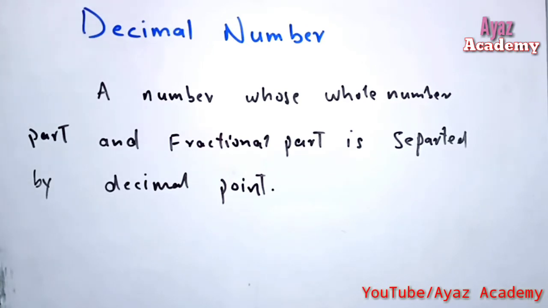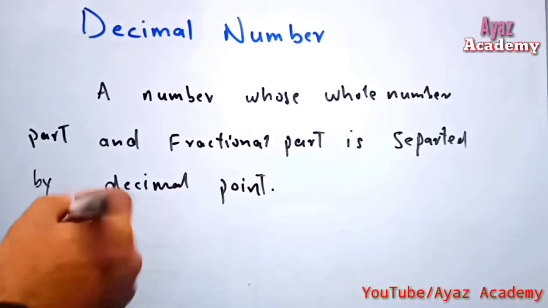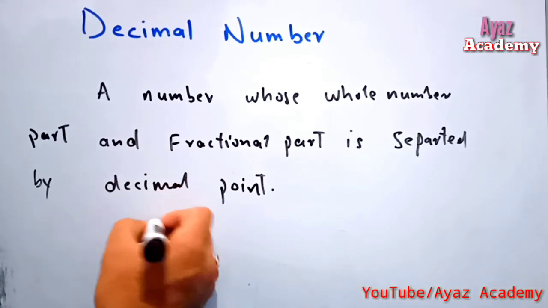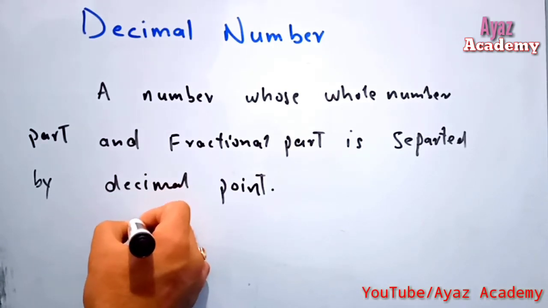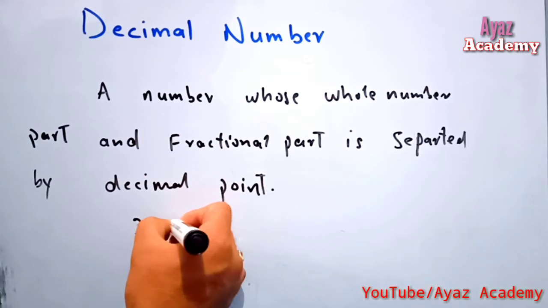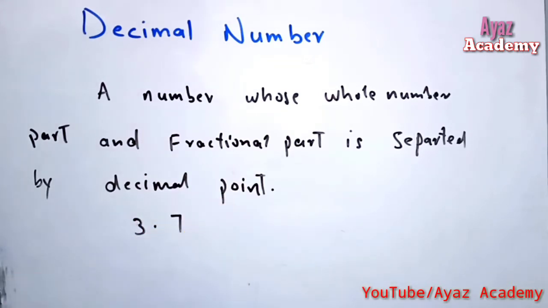For example, we have a number, suppose 3.7.